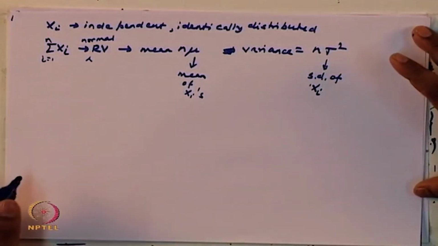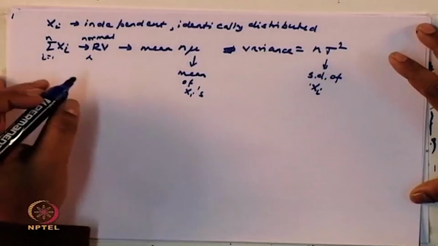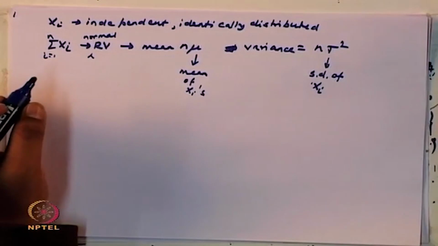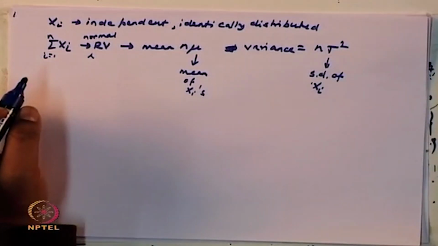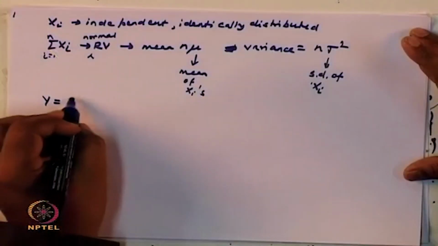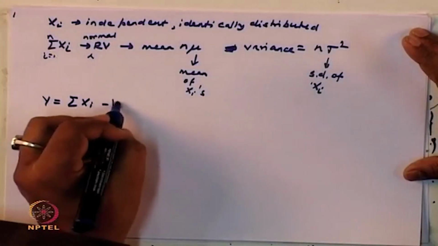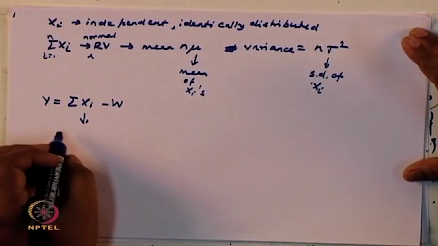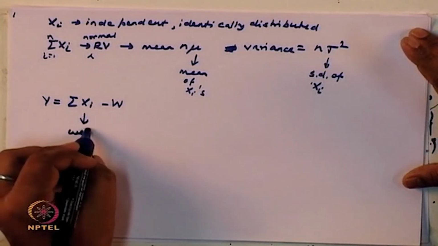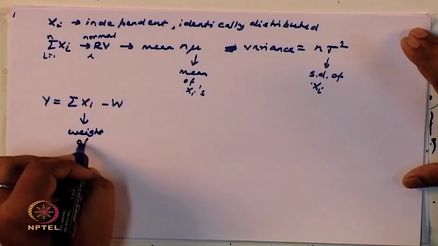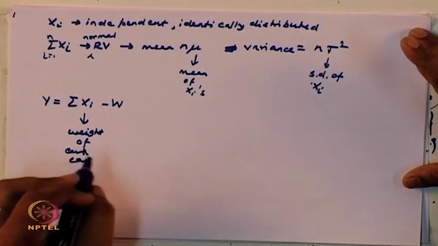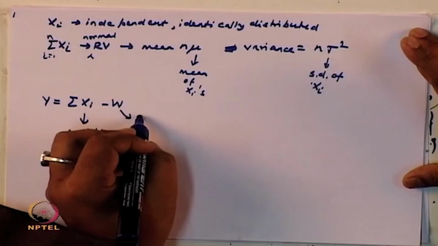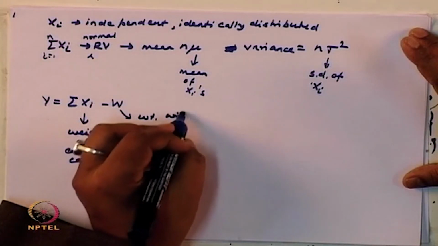And we had seen, using the example of the cars on a bridge, at what point the bridge will become unstable. In that case, we had defined this random variable y as summation of xi minus w, where xi was the weight of each car, and w is the weight that can be withstood by the bridge.